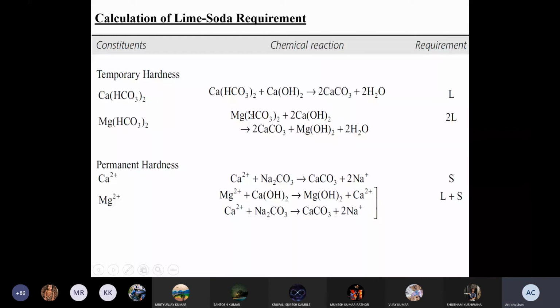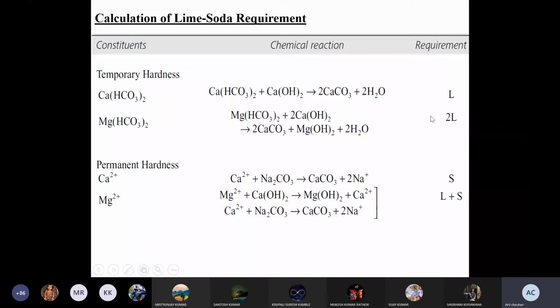So if magnesium bicarbonate is given in the numerical, there is a requirement of 2L, or 2 moles of lime, for the softening method.